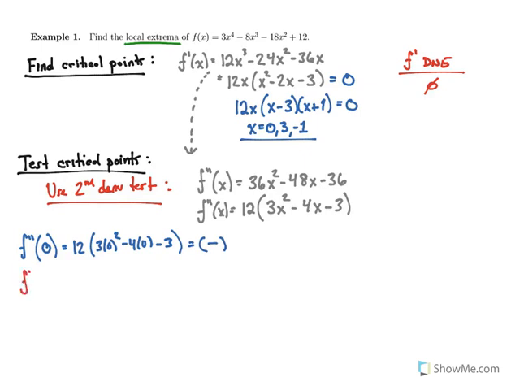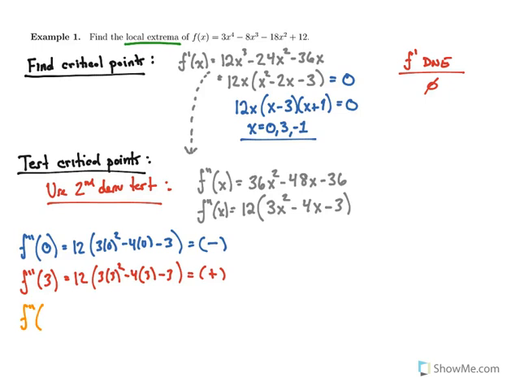Let's do f double prime of 3. That's going to be 3 times 3 squared minus 4 times 3 minus 3. 3 squared is 9, 9 times 3 is 27. 27 minus 12 minus 3 is going to be a positive number.